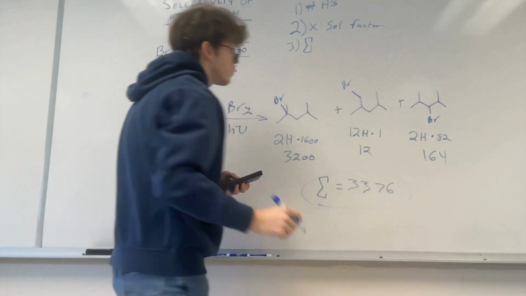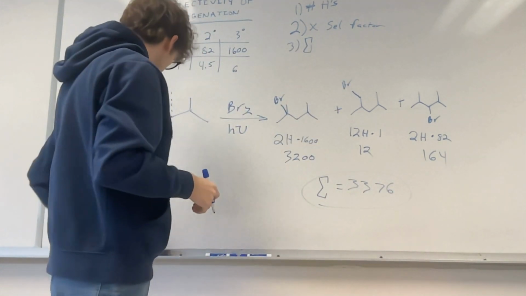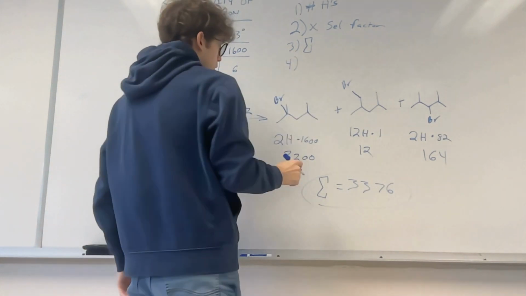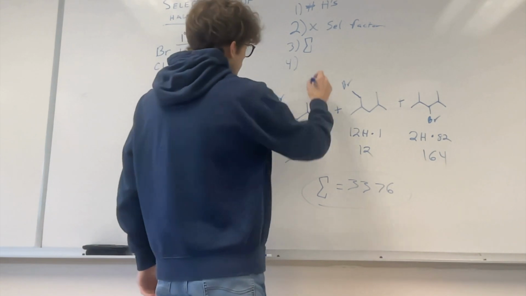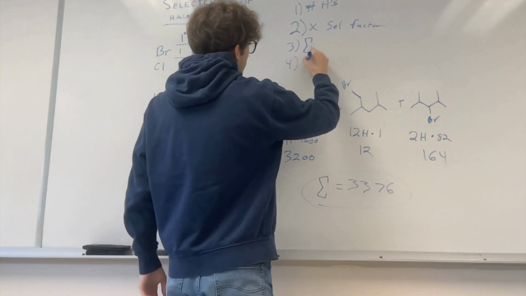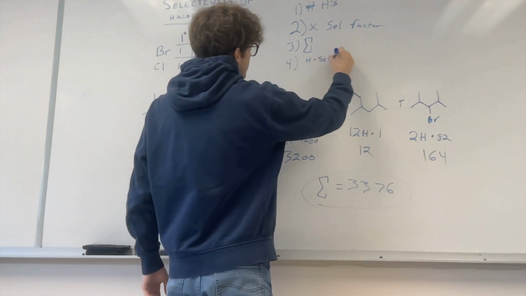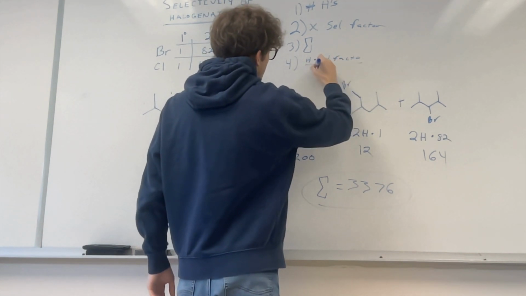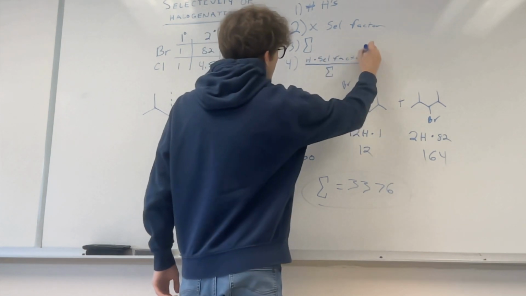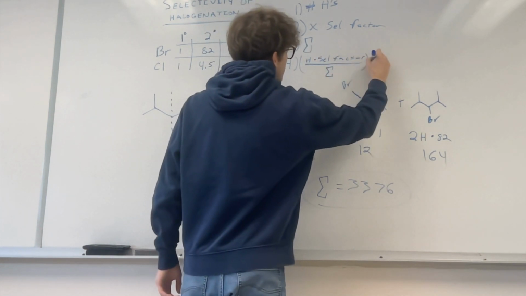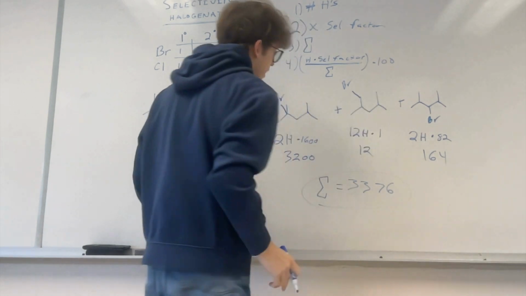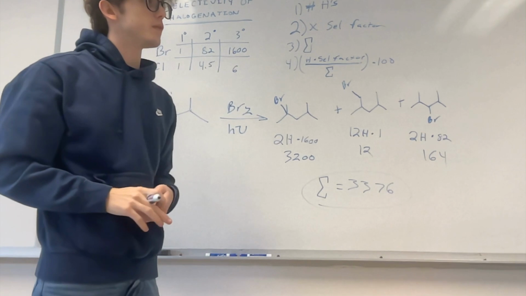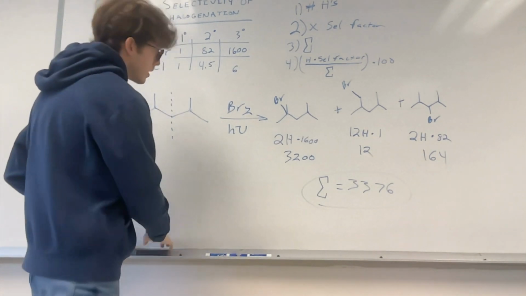This number is going to be important because now we are going to do this simple formula here, which is H times selectivity factor over sum, times 100. And what will that give us? That will give us a percentage of each relative to each other. So hopefully that makes a little bit of sense.